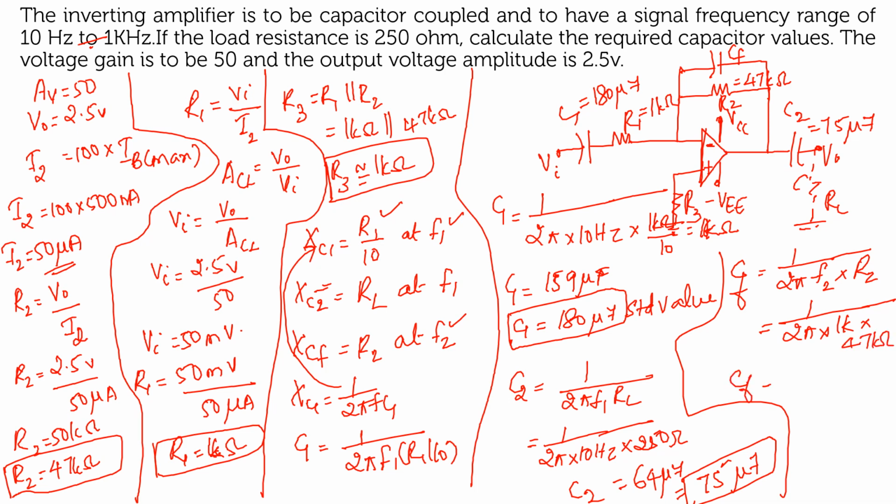So CF will be equal to 3386 picofarad, which you can approximate to 3300 picofarad standard value. So CF is equal to 3300 picofarad. So this is your final design of your capacitor coupled inverting amplifier.